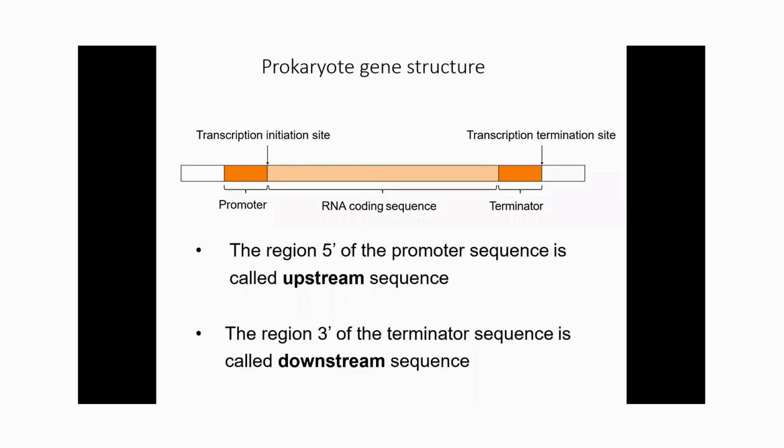Then in the double-stranded DNA molecule, how does the synthesis of RNA, or the transcription process, take place? In the prokaryotic DNA, there are three specific regions.